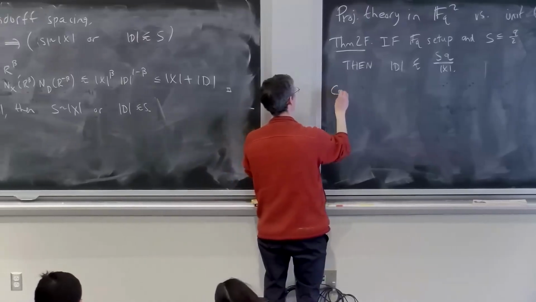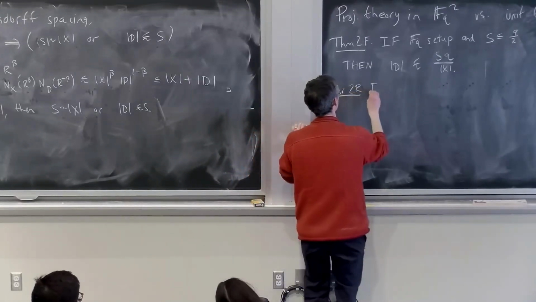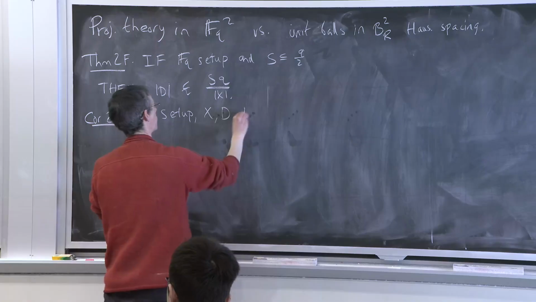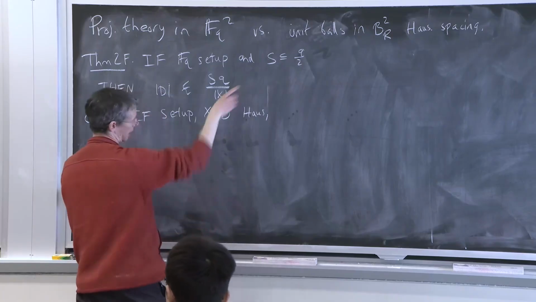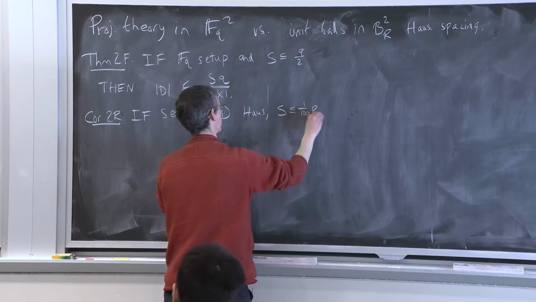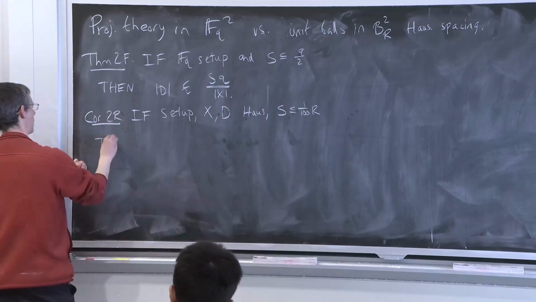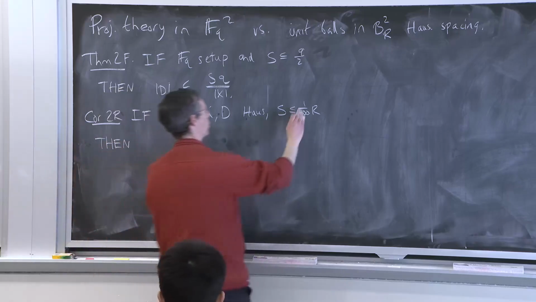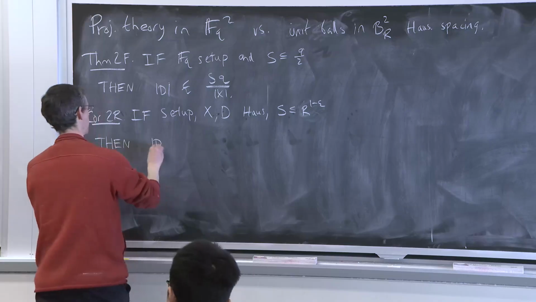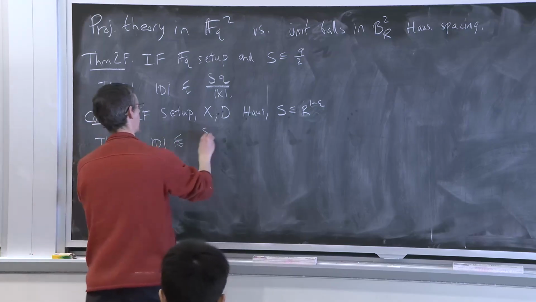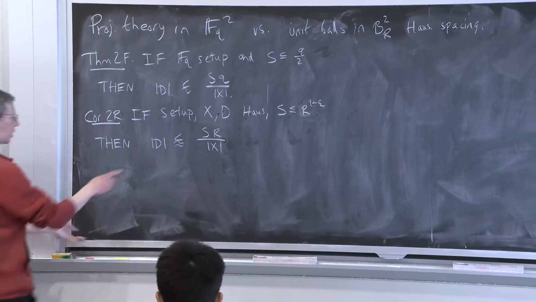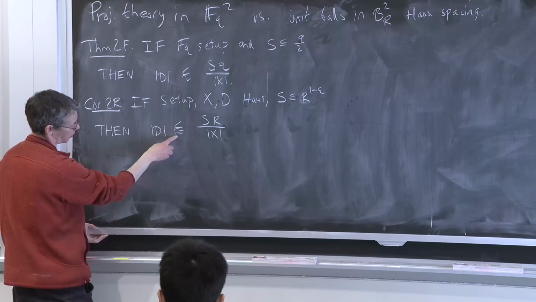And here's what we'll prove in the real case, corollary 2R. So if we have our setup of the day, and X and D are Hausdorff, and S is a good bit smaller than R, then D is smaller than SR over X. I use this symbol with the extra tilde.